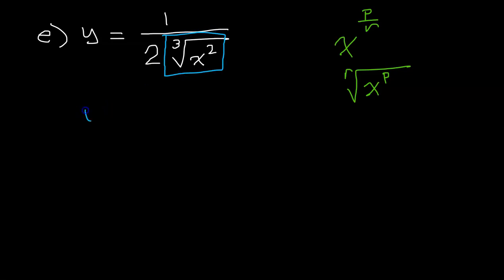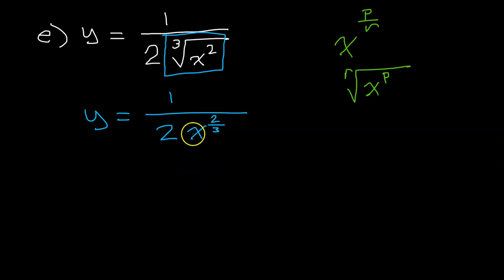As I recopy it, I'm going to have y equals 1 over 2 times, but fractional power, remember power over root. 2 is the power, 3 is the root. So this would be the same thing as the 2/3 power.